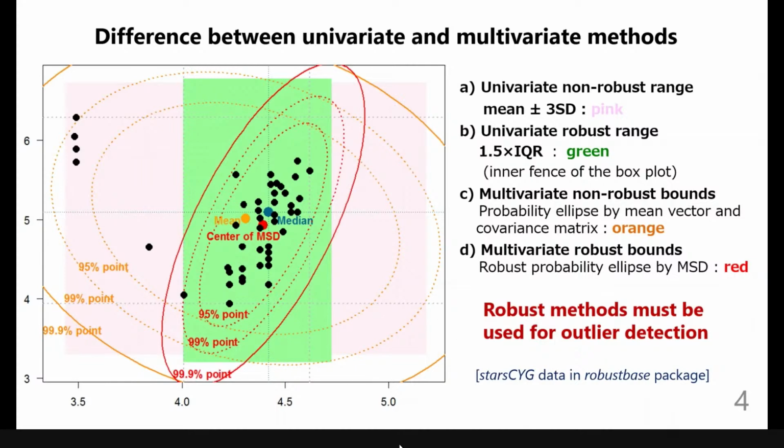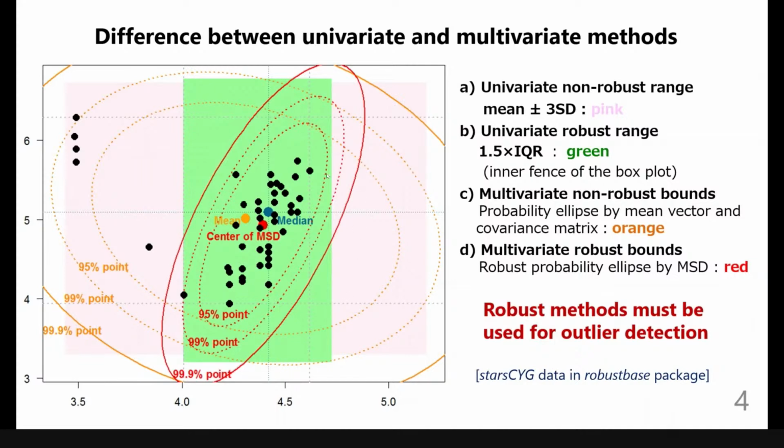Some people use mean and standard deviation to decide the range, but this is a bad idea, as you know, since outliers in the dataset affect the value of mean and standard deviation. The rectangle shown in pink color is a data range made with mean and standard deviation. A better method is using more robust tools such as interquartile range or a box plot. The green rectangle in this scatter plot shows a data range made by a box plot.